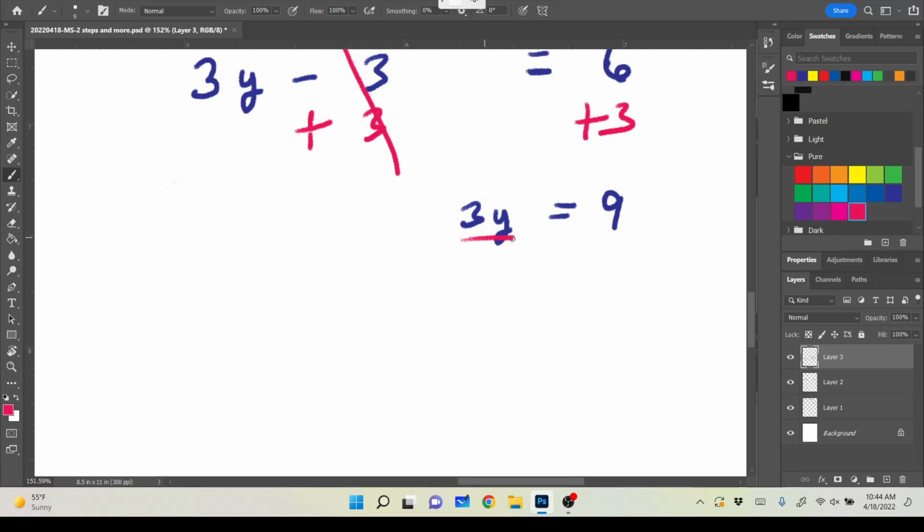Divide by 3 on both sides. And what do we end up with, Eli? 1 on the left side. What do we end up with on the right side?